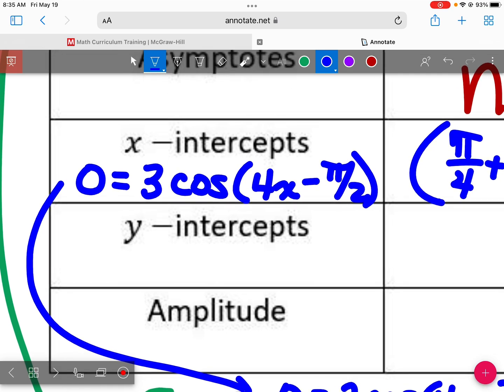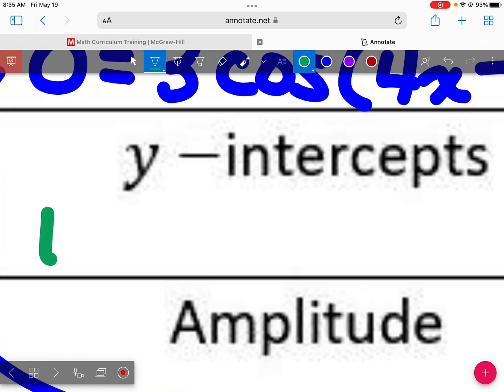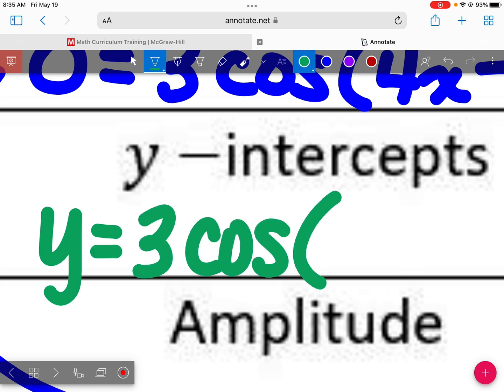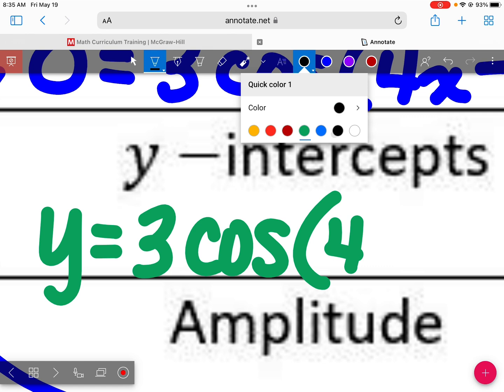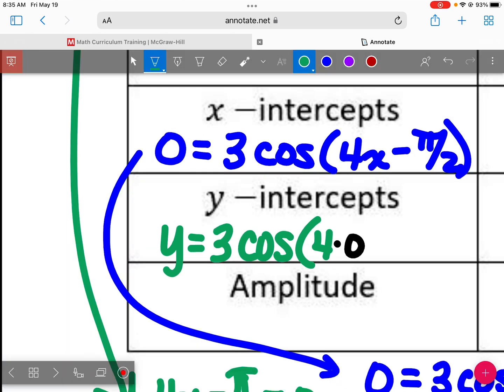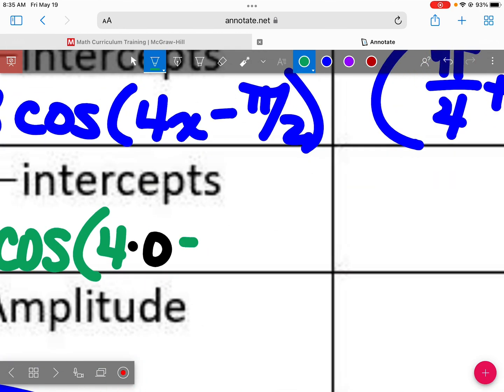For the y-intercept, 0, 0. We're going to put 0 in the place of x. So I have cosine of 4 times 0 minus pi over 2.